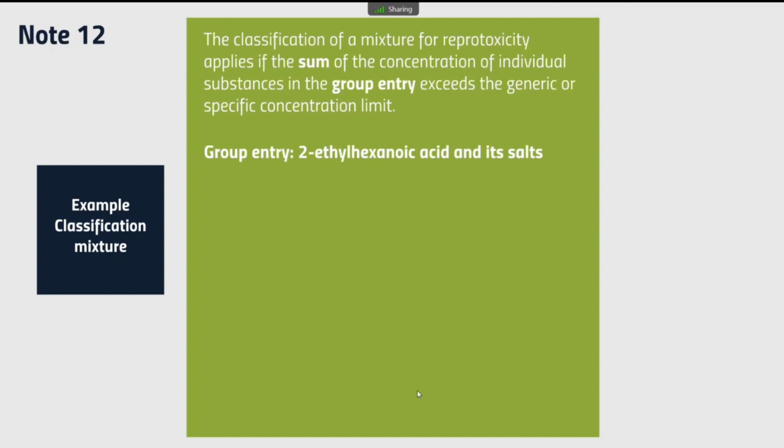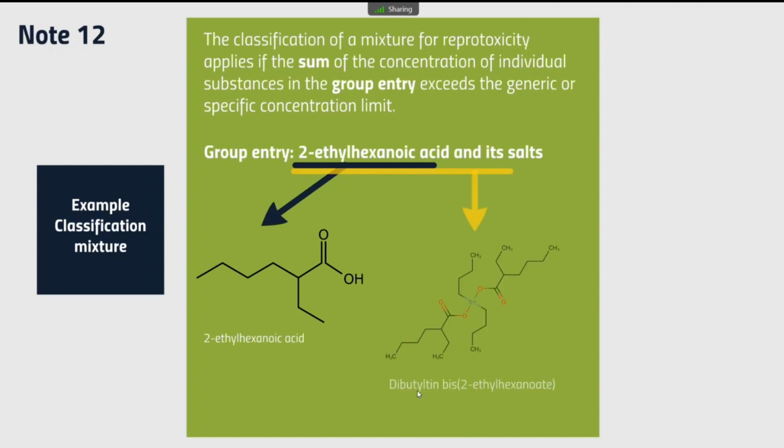Everything that is a salt of 2-ethylhexanoic acid is applicable within this group entry. An example, of course, is 2-ethylhexanoic acid itself. But another one within this group entry is this example on the right, dibutyltin bis(2-ethylhexanoate).